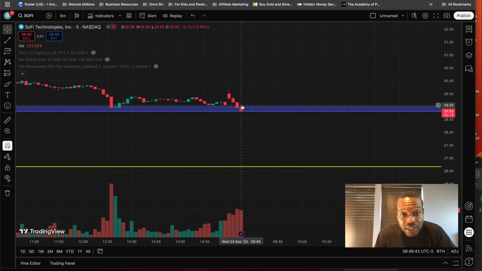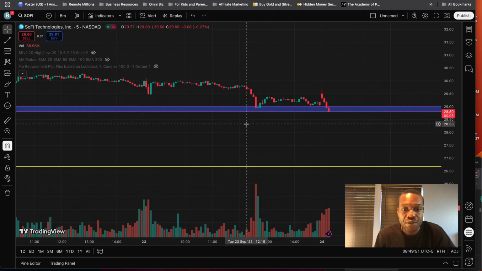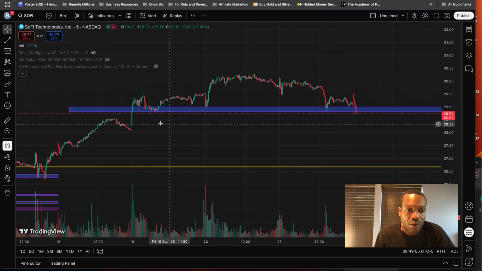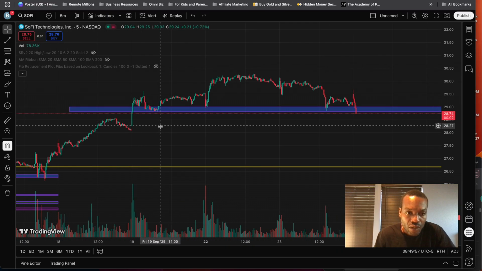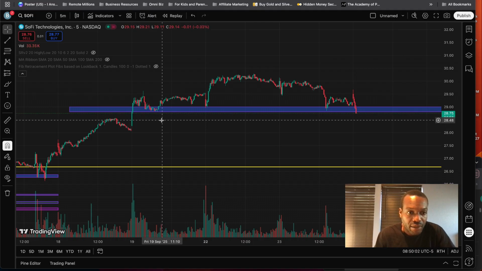So now we'll watch this basically and see if it goes through the support. If it goes through the support, we can assume that it could go down to a zone where there was a bit more play. So, if I was to zone it out, it'd be just below it. But honestly, it'll go back down to here.